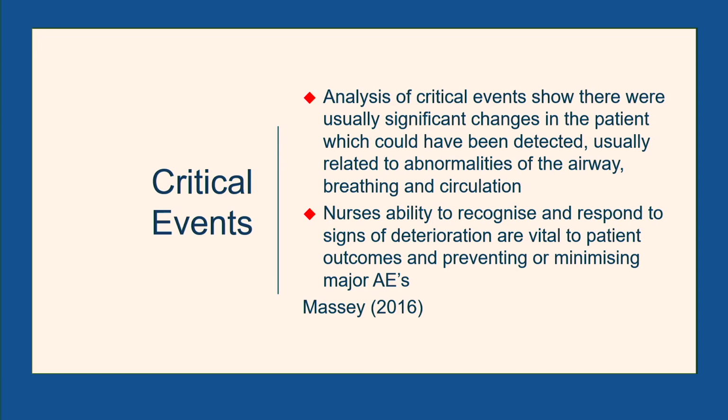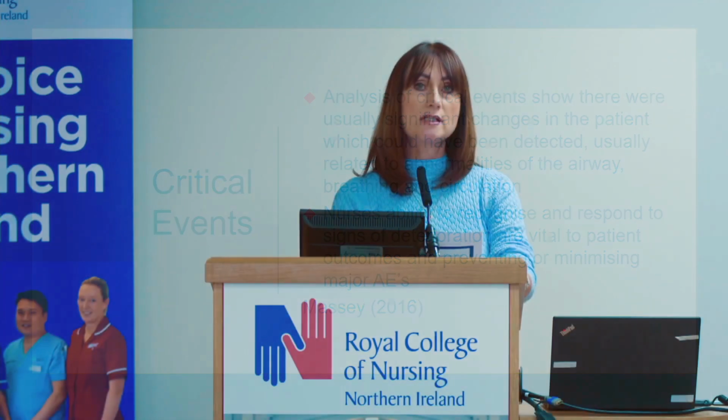Nurses' ability to recognise and respond to signs of deterioration is vital to patient outcomes and to preventing or minimising any major adverse events. So we need to pay close attention to people's ABCs, airway, breathing and circulation, because if somebody has an issue with one or all of these, that can unfortunately lead to the patient's death.